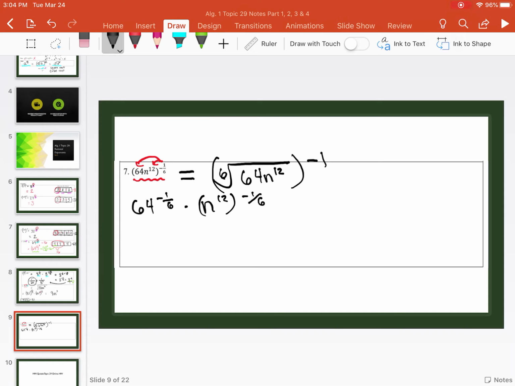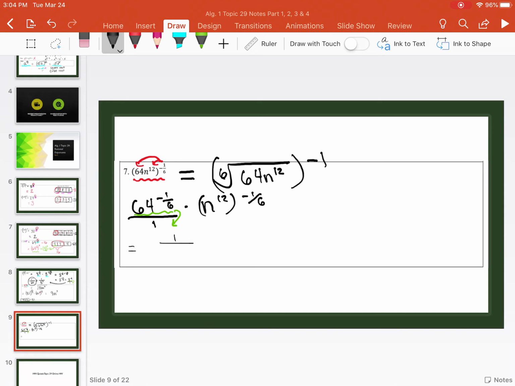Okay, let's tackle this coefficient first. We know that if we see a negative exponent, this is the same thing as 64 to the negative 1/6 over 1. And in order to get rid of this negative exponent, we can bring this entire quantity to the denominator to make it positive.